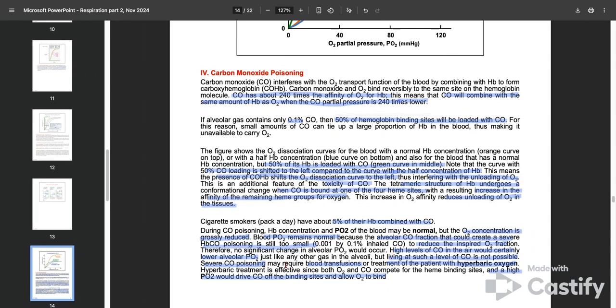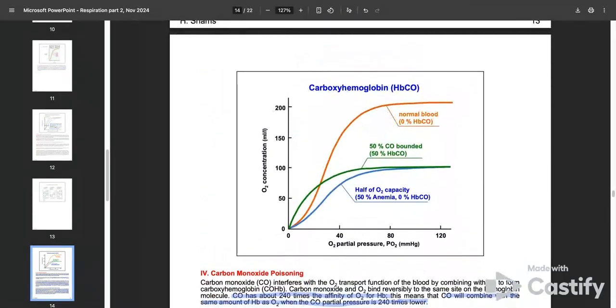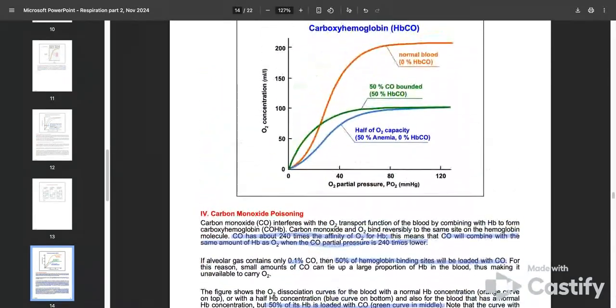Severe carbon monoxide poisoning may require blood transfusions or treatment of the patient with hyperbaric oxygen. So, how do we fix this situation? We need to remove the carbon monoxide from the hemoglobin, because not only is it reducing the oxygen in the blood, it's making the oxygen that's bound unable to be released.